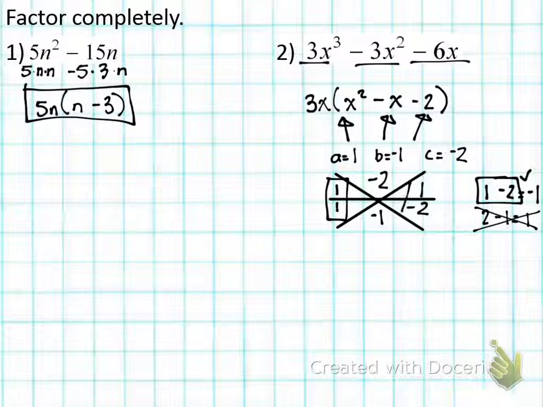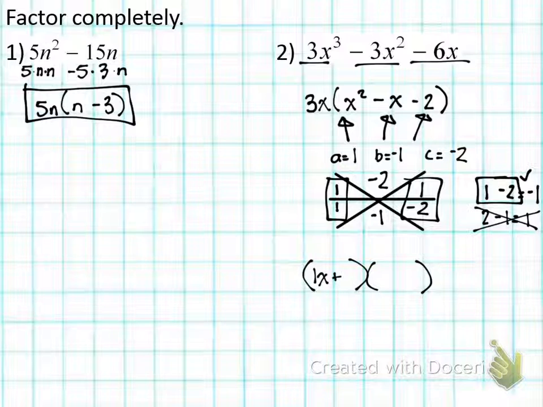And I ask myself, can I simplify these two fractions at all? 1 over 1? Nope. 1 over negative 2? No. So now I'm going to take these two and create two sets of binomials. And these are our coefficients. So we have positive 1, square root of x squared is x, so it's 1x plus 1.